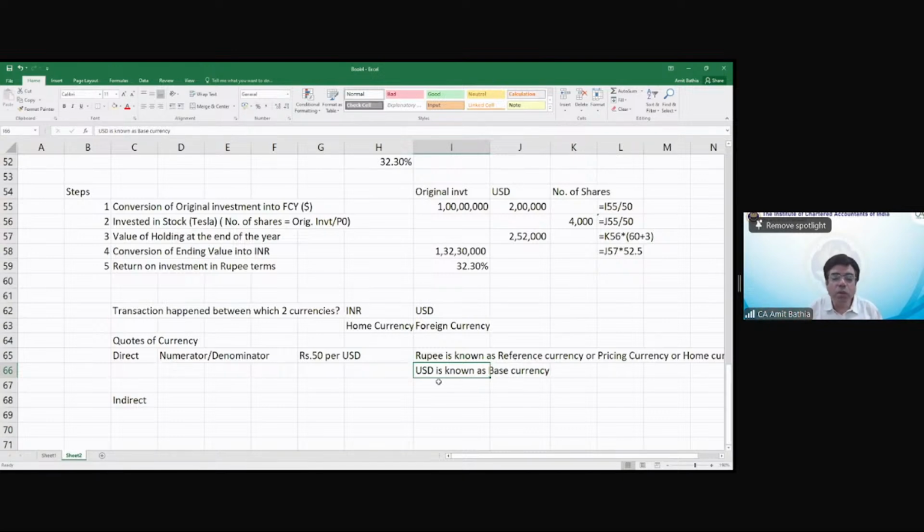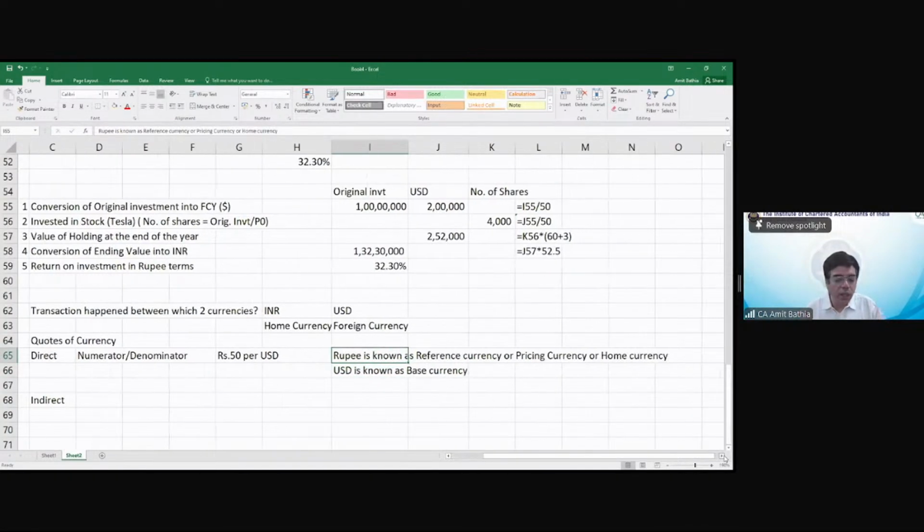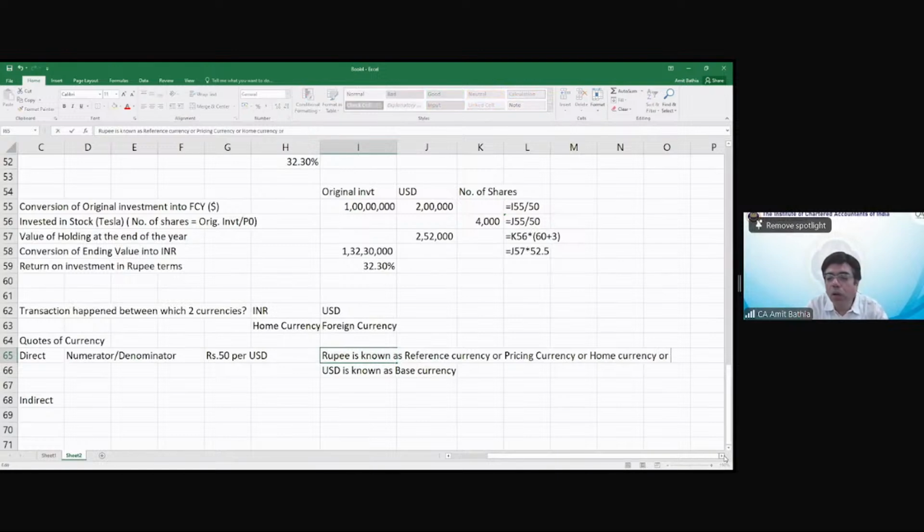Your concept becomes a lot easier to understand, at least in your domestic currency perspective. So here, my reference currency or pricing currency or home currency, which is also known as domestic currency, are different terms used interchangeably. Your USD is base currency, also foreign currency.